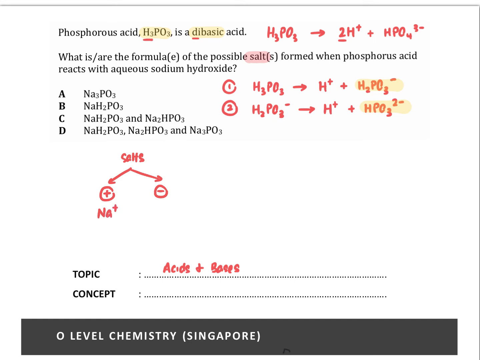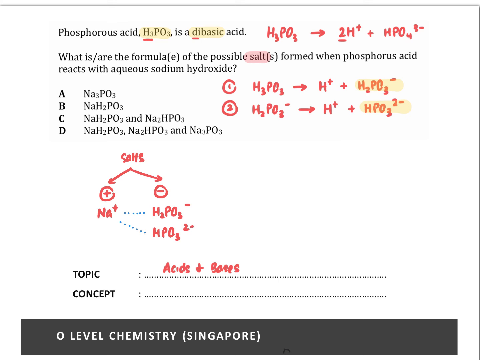So if your acid is a dibasic acid, there are actually two possible anions that can be formed. As mentioned, it would be H2PO3- or HPO3 2-. Now, as a result, there will be two possible salts that can form as well. You can pair sodium with H2PO3-. You can pair sodium with HPO3 2-, in which you will get two different salts.